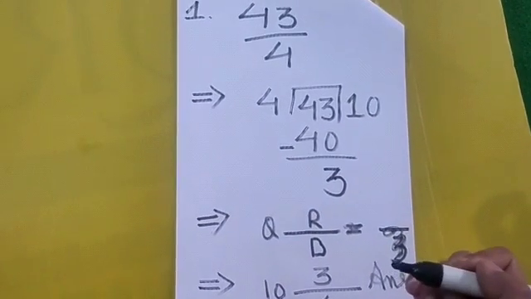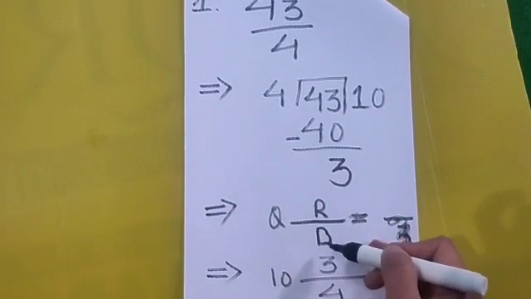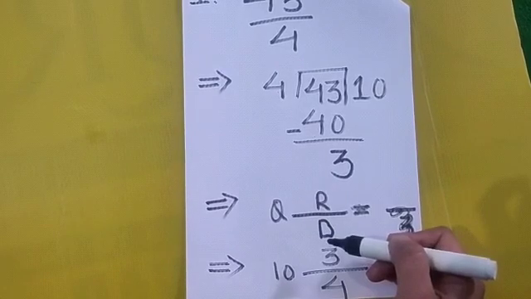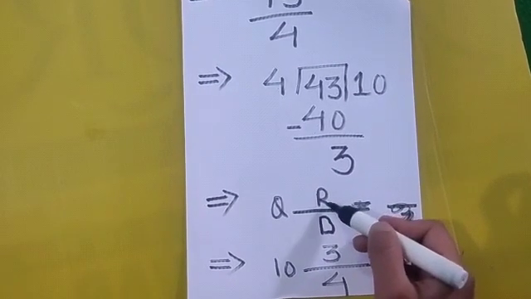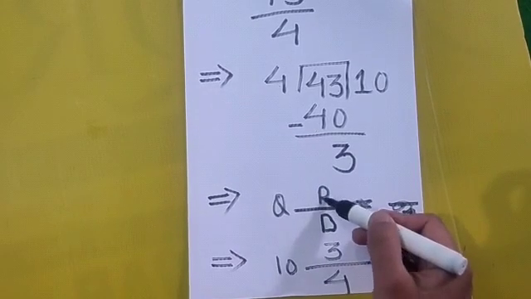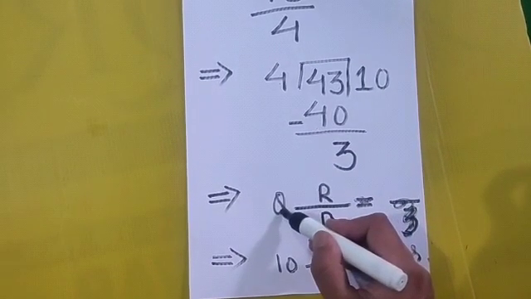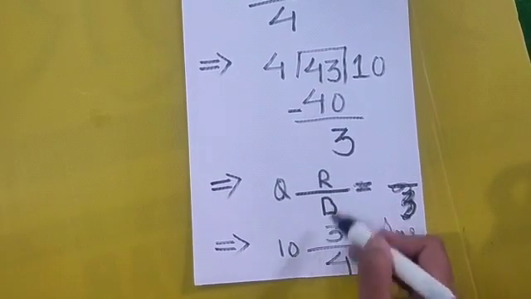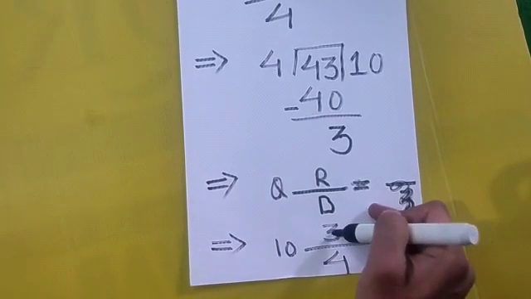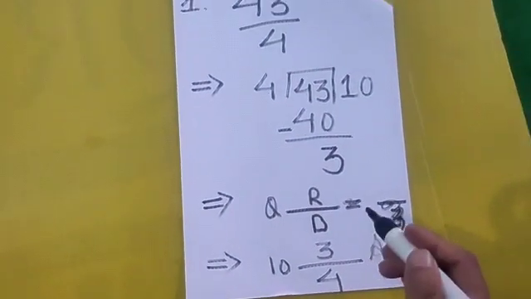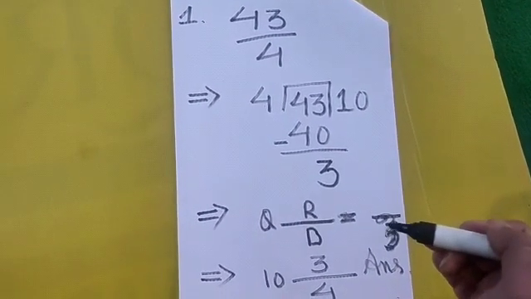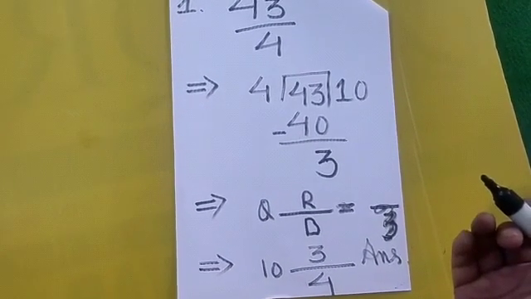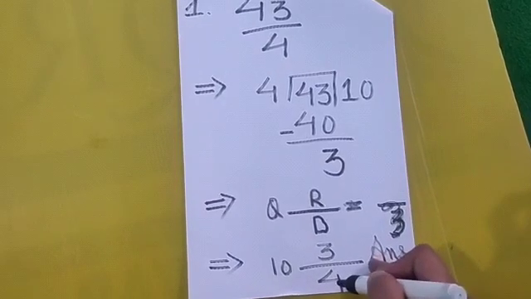To write a number in mixed fraction, we write the divisor in denominator, remainder in numerator, and quotient as a whole. So here quotient is 10, remainder is 3, and divisor is 4. So 43 upon 4, which is an improper fraction, can be written in mixed fraction as 10 whole 3 upon 4.